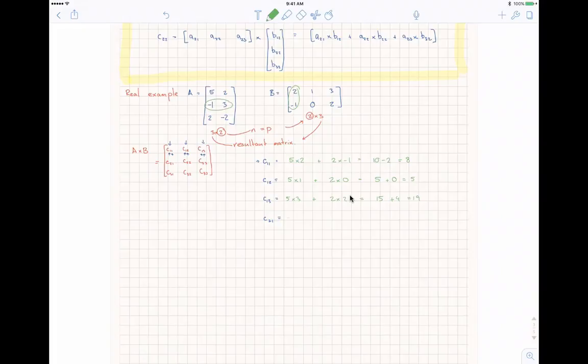We've got -1 times 2 plus 3 times -1. -2 plus -3, which gives us -5. Again, be careful of those negatives.